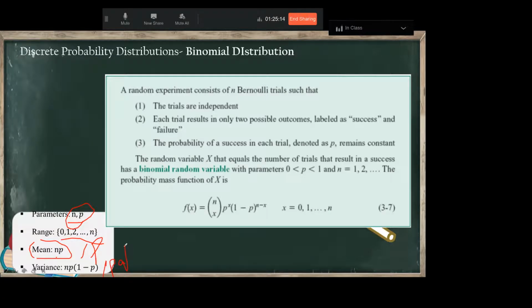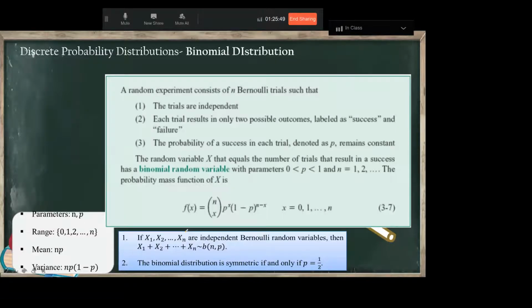But over here it's np, and variance is npq. So if you have n and p given, you can easily calculate mean, variance, range, parameters. Everything is easily calculated, and the distribution. How we do that, let's see in a little bit by solving certain examples.